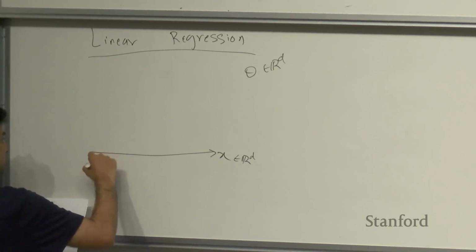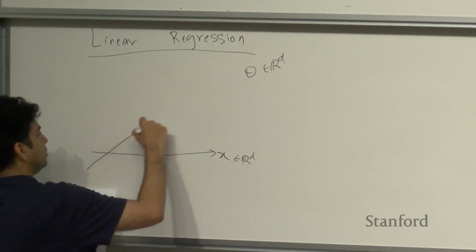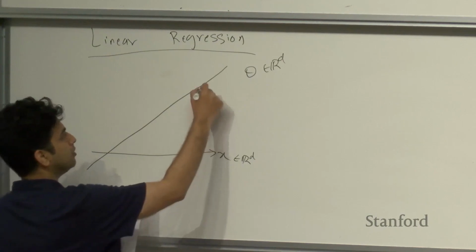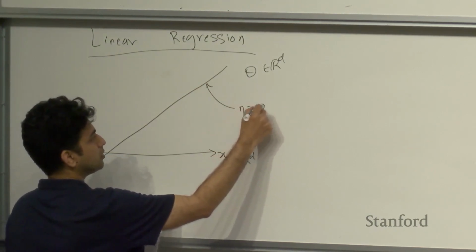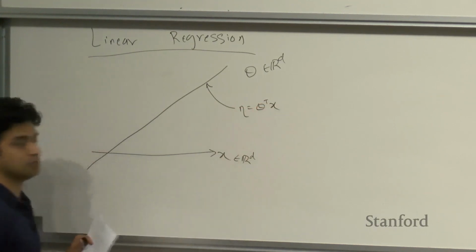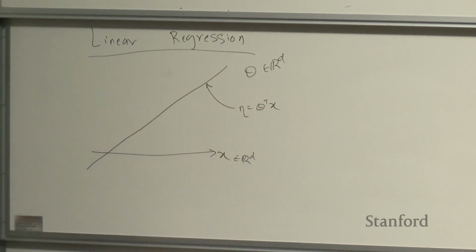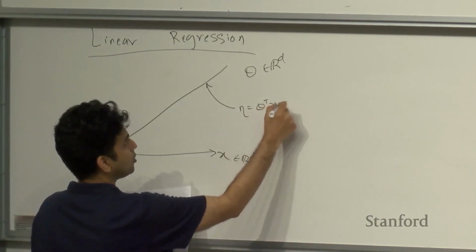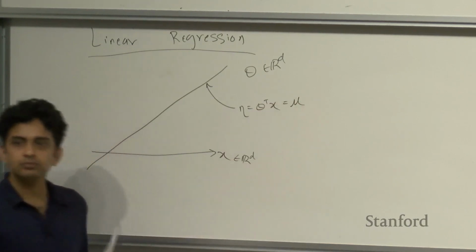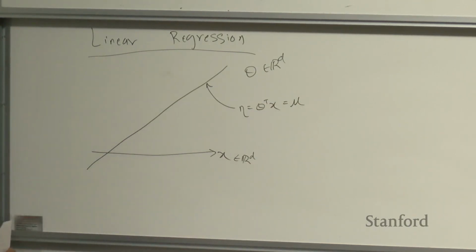And here, this line is basically eta equals theta transpose x for some theta. And then what we saw was that in the case of the Gaussian distribution, eta is also equal to mu.